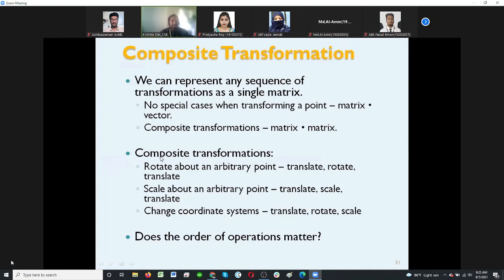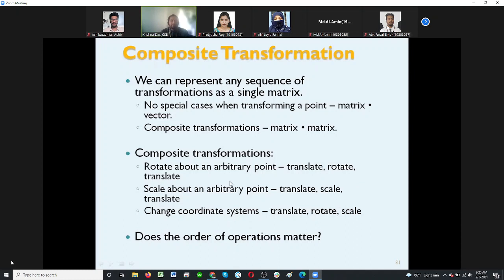So our main study will be the composite of the transformation. We already understand translation, rotation, and scaling. Now we will apply them in a composite format. This composite format is important to understand for your exam. You will have a problem based on it. You have to do the calculation, applying the formula, and also show it on the graph.